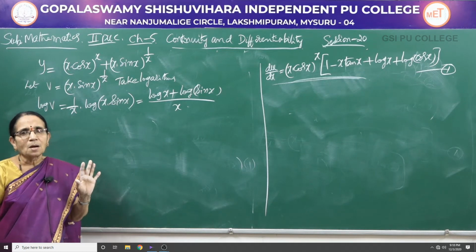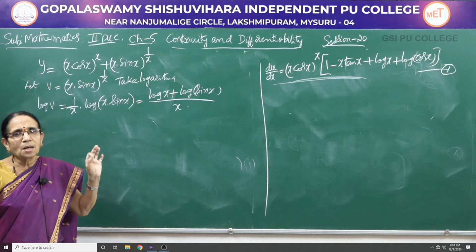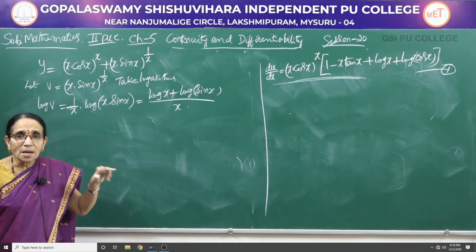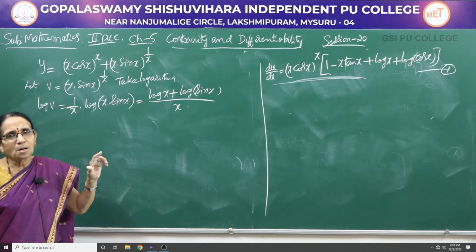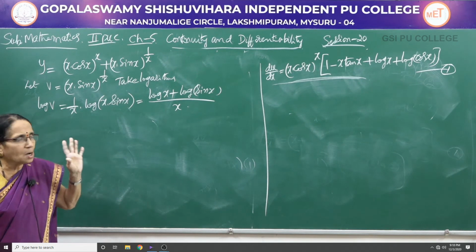Always remember, as I have told you repeatedly in the earlier sessions, denominator into derivative of the numerator minus the numerator into the derivative of the denominator divided by the square of the denominator.